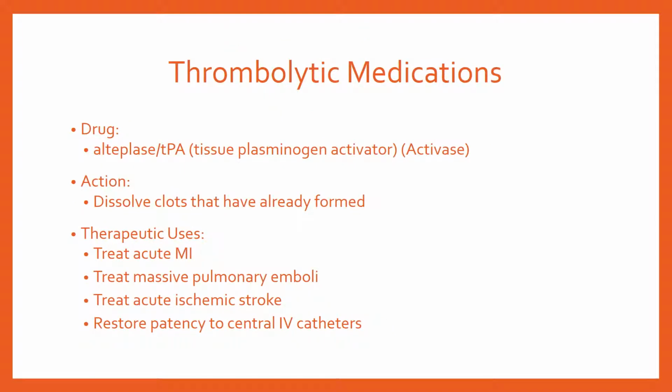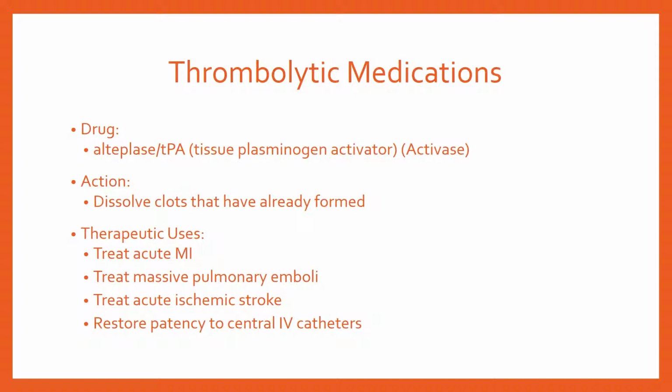Okay, then you have thrombolytic medications. Everything that we've talked about up to this point, once your clots occur, they cannot break them up. They cannot remove the clot. They are just going to prevent more from occurring. So now talking about your thrombolytic medications, which is TPA, tissue plasminogen activator, or Activase.